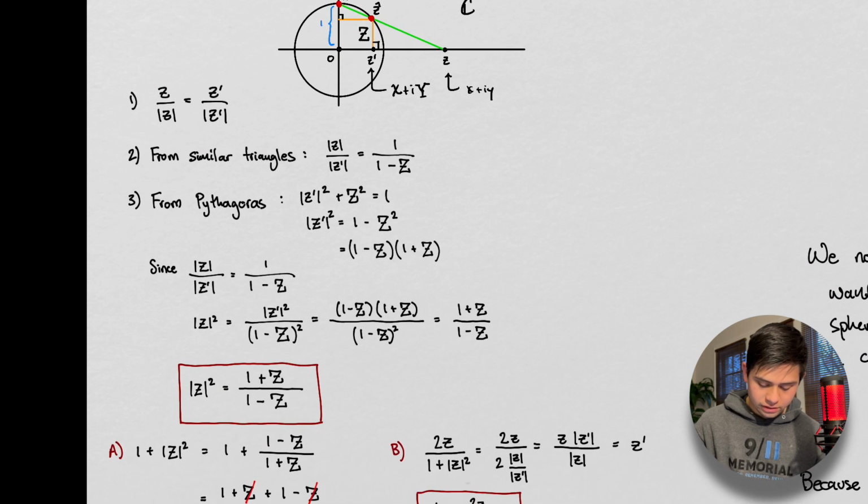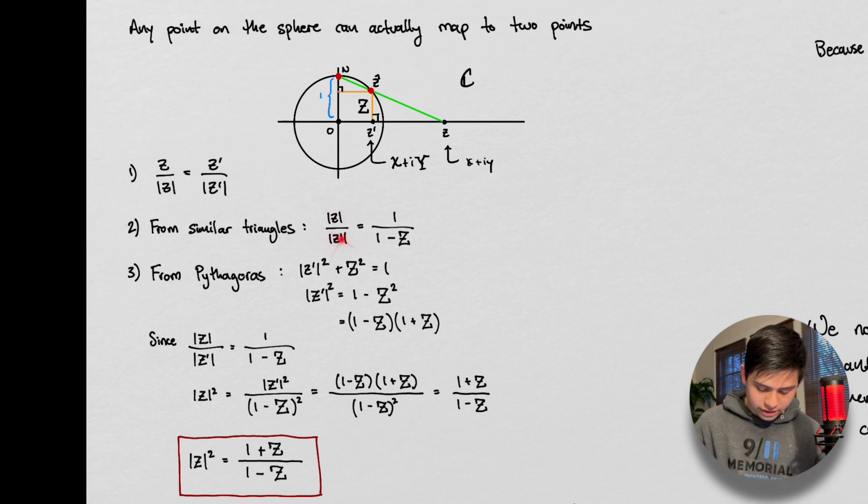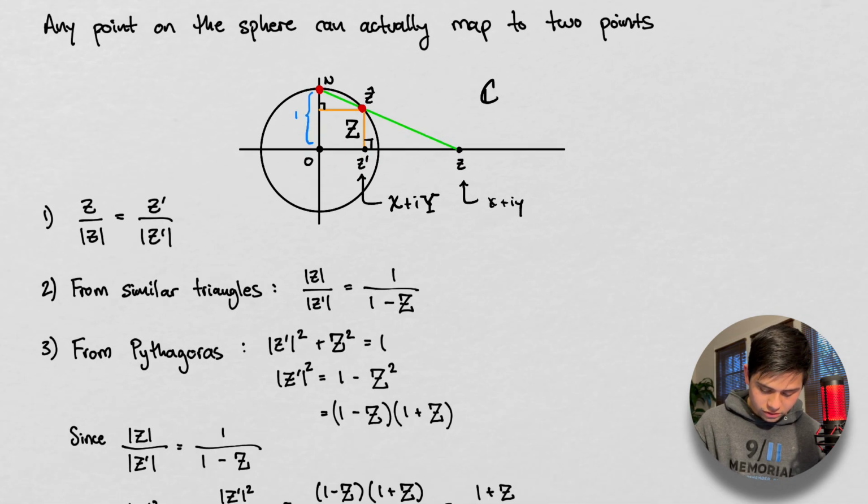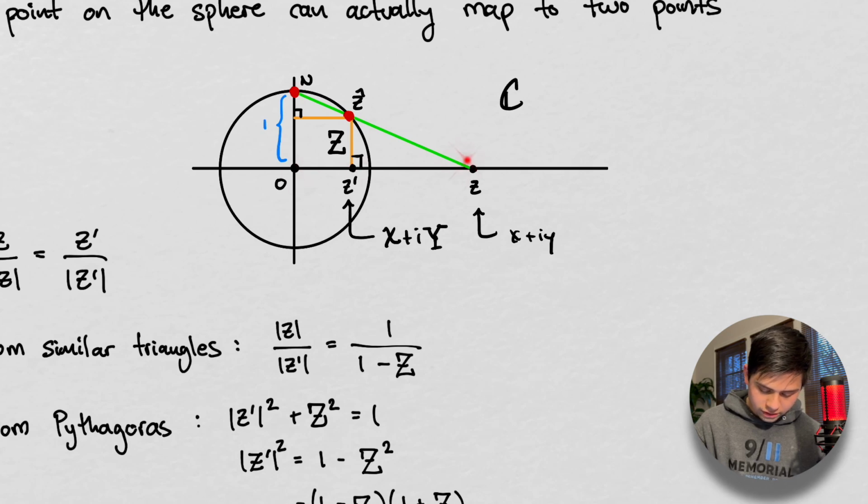So that's this first ingredient. The second ingredient is going to be this right here, which is z over z prime, right? So z over z prime is by similar triangles. We're considering the big triangle here and then the small triangle here. So this is 1 minus z, this distance from n to this point right here.